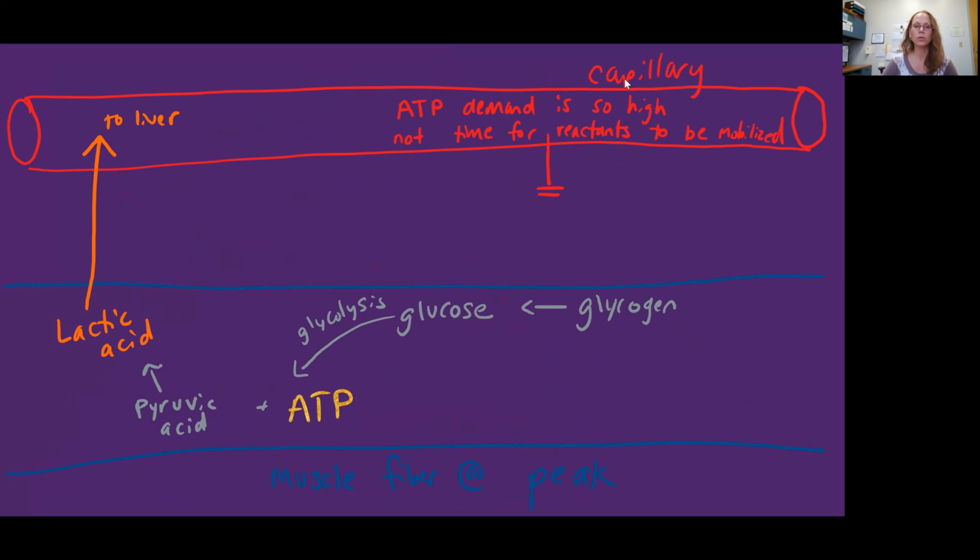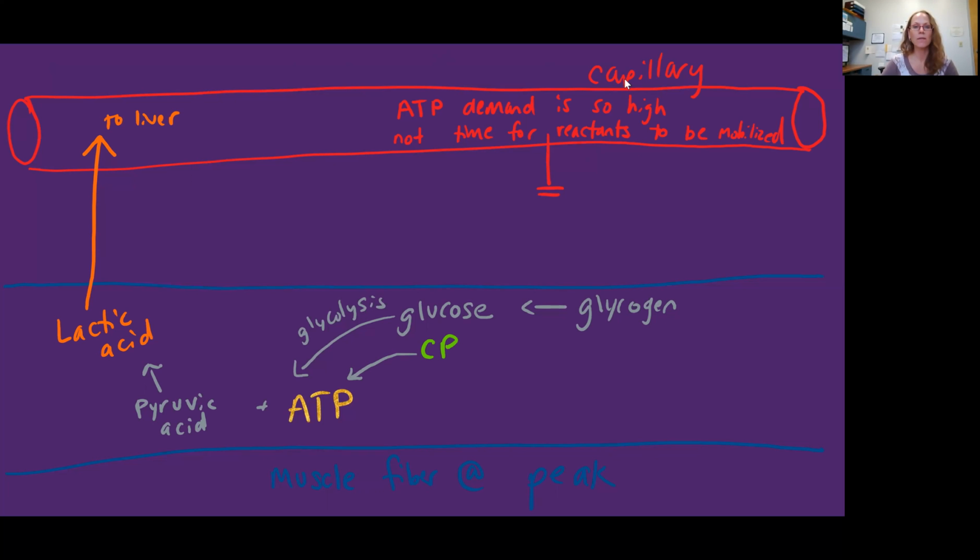That glucose goes through glycolysis, which produces ATP and also pyruvic acid. Now, in aerobic conditions, you can take pyruvic acid to the mitochondria to make ATP, but if it's anaerobic, no oxygen, then you can't do that. Instead, pyruvic acid gets converted to lactic acid, which diffuses into the bloodstream and is transported to the liver for processing.